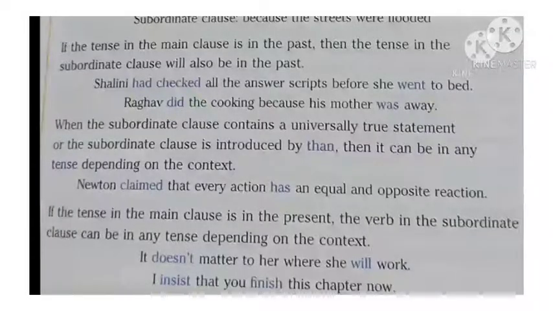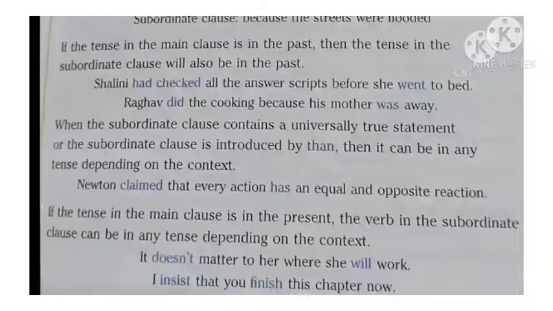For example, it doesn't matter to her where she will work. So doesn't is a present form and will is a future form, isn't it? Yes. I insist that you finish this chapter now. So insist is in simple present tense and finish is also in simple present tense. So according to the context, we have to change the tenses.